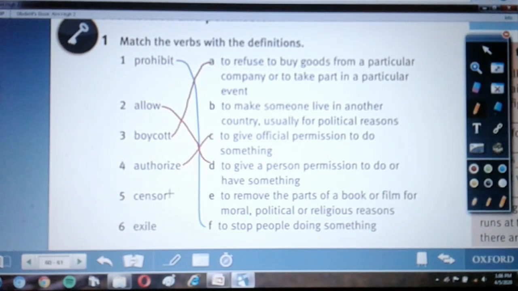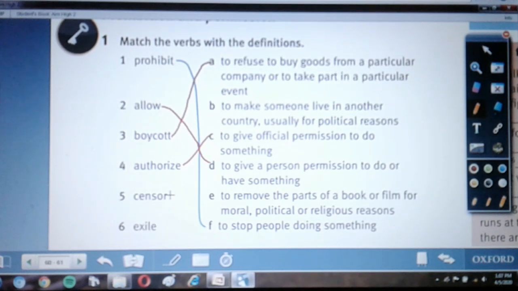5. Censor. What's the meaning of that word? I'll give you 5 seconds to choose the answer. The answer is between B or E. 1, 2, 3, 4, 5.